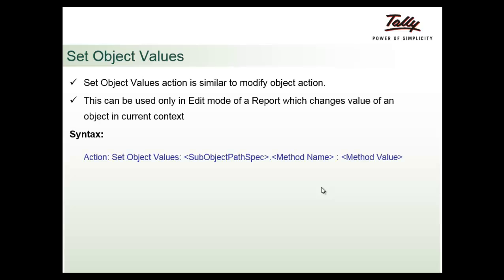And then we have set object values. This is similar to the modify object action, but the only difference is that this changes the value of an object in the current context, and this works only in edit mode of the report.